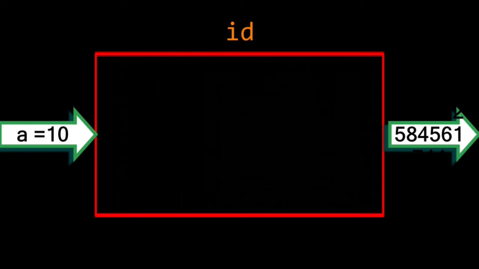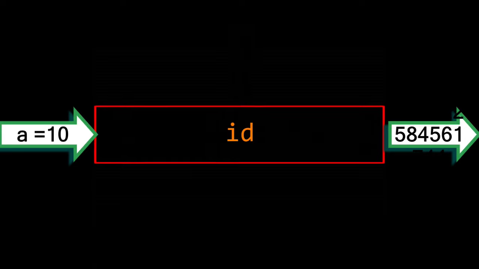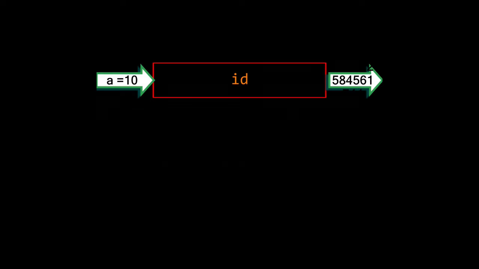The program will get run and it will return the output. So this large code we can represent by a single word id. So for the function id, we are giving the input and we are getting the output.